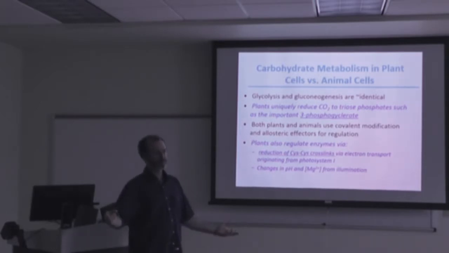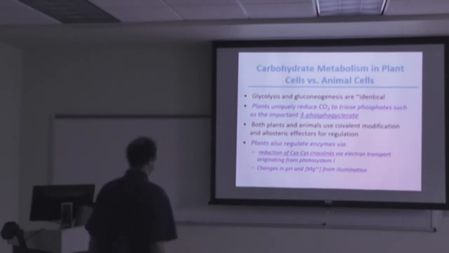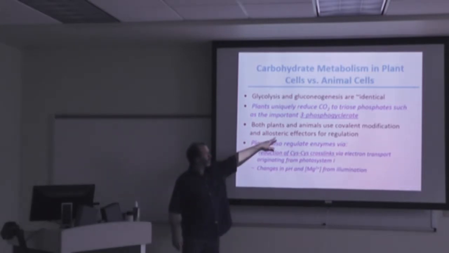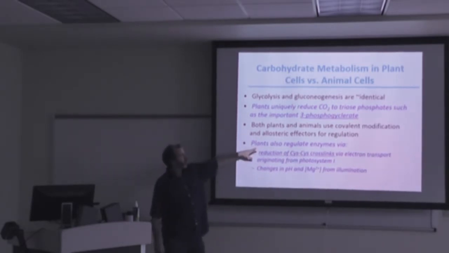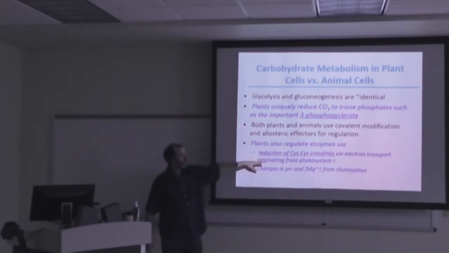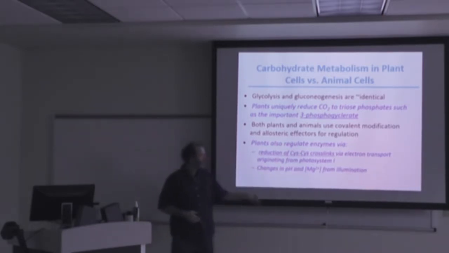I don't know if I say that right. But remember, that's an allosteric effector for phosphofructokinase 1 also. So these are the same types of allosteric effectors for regulation that you see in plants that we have already discussed for animals. Plants also regulate the enzymes via reduction of cysteine-cysteine cross-links via electron transport originating from photosystem 1, and then changes in pH and magnesium from illumination.